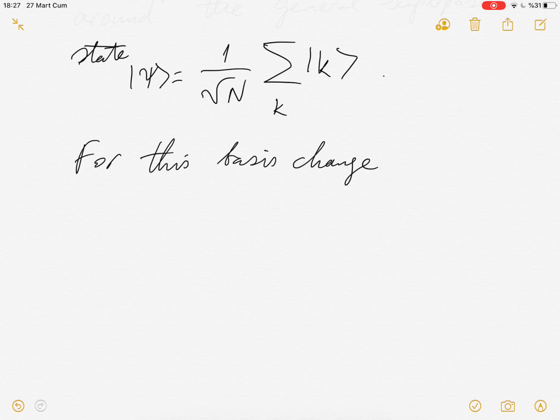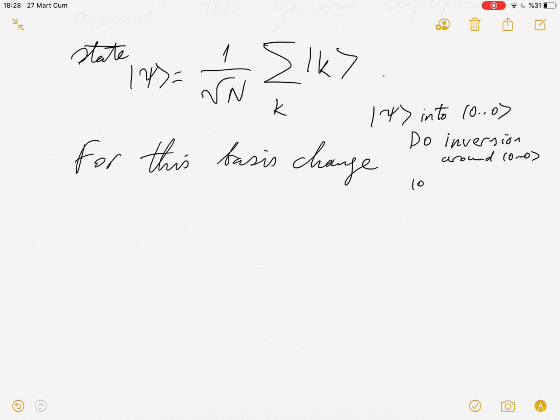Okay, so I think it should be clear that what we're doing here, we want to transform psi into the all zero state, and then do inversion around all zeros, and then change the basis, all zeros, back to psi.